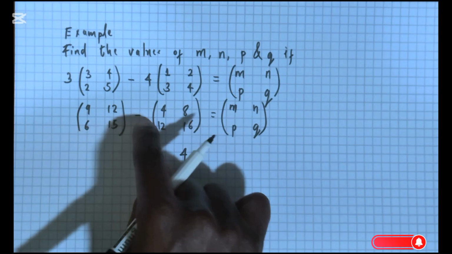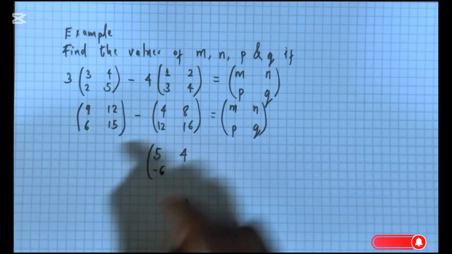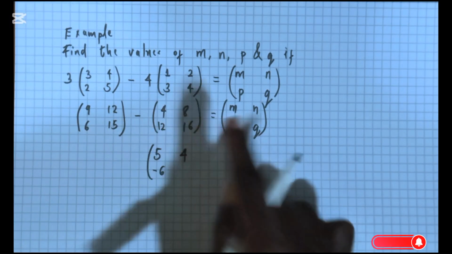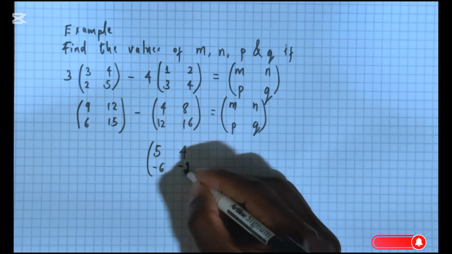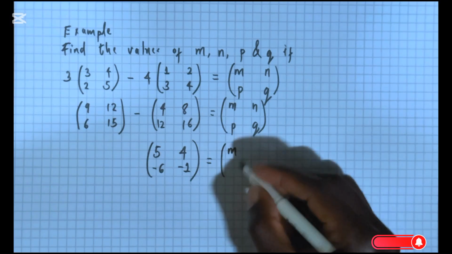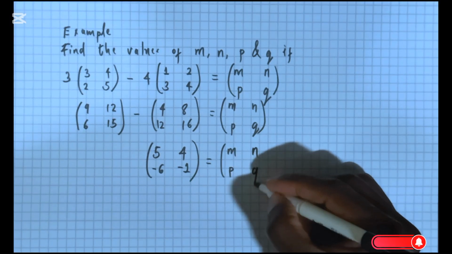And so 6 minus 12 will give us negative 6, and 15 minus 16 will give us negative 1. And so this is what will be the values of M, N, P, and Q.